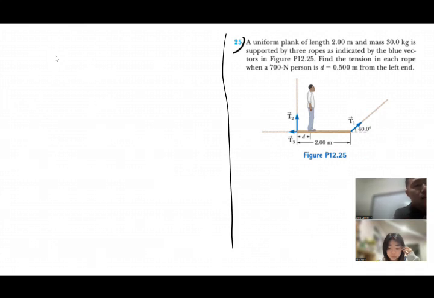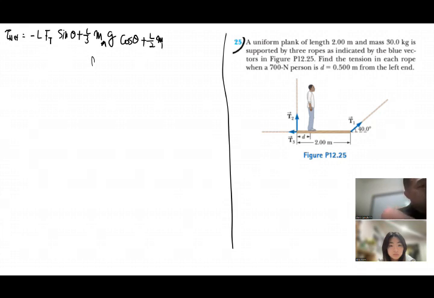So basically the net torque is minus L Ft sine theta plus L over 3 m_m g cosine theta plus L over 2 m_l g cosine theta. That should be equal to 0.